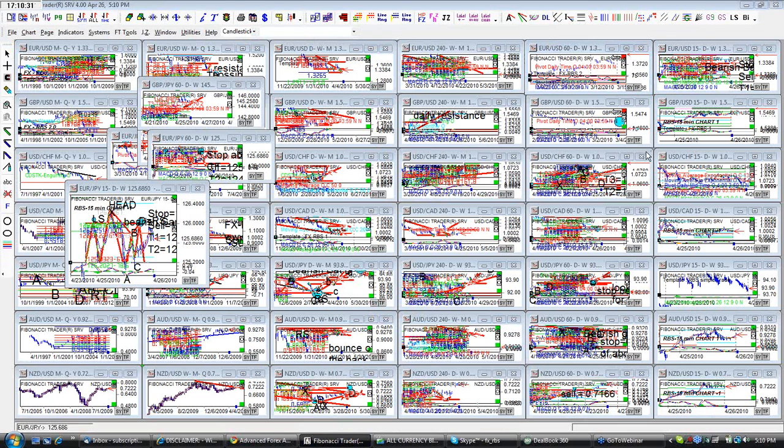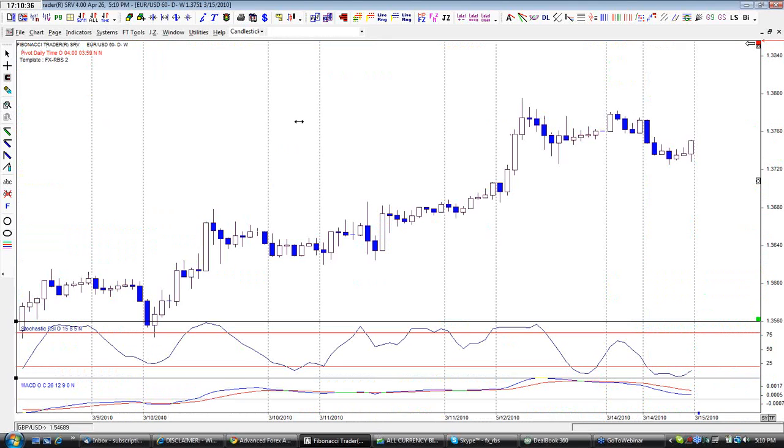Okay, I'll open a chart so you guys would understand what I mean. This is right now the euro-dollar 1 hour chart, and we can see that here the pair was in some consolidation, and in future this consolidation will act as a support zone.